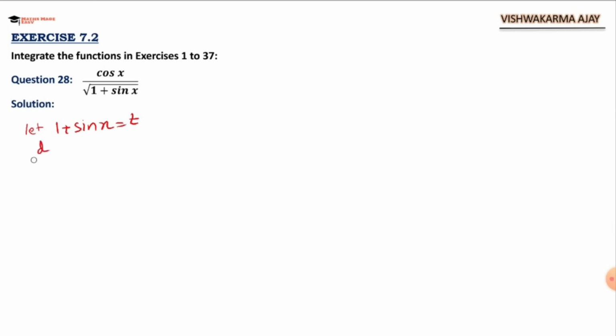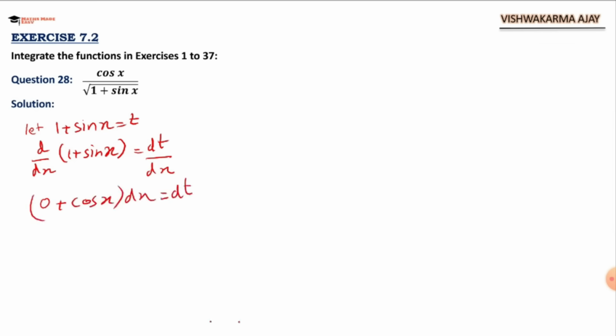Okay. d upon dx of 1 plus sin x is equal to dt upon dx. This is 0 plus cos of x dx is equal to dt. Cos x dx can be replaced with dt.